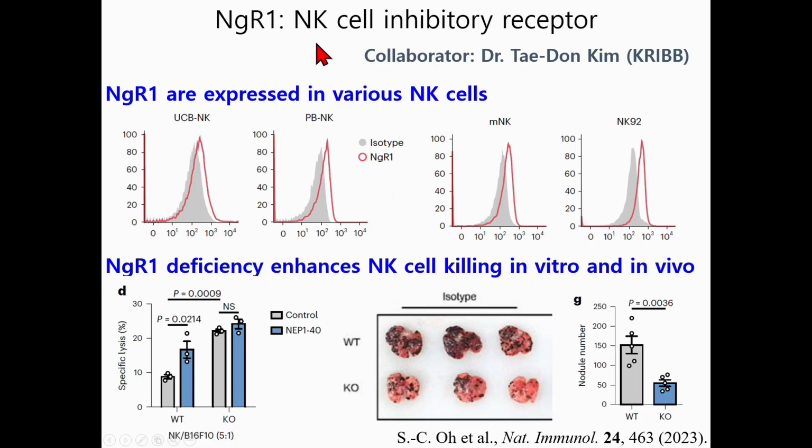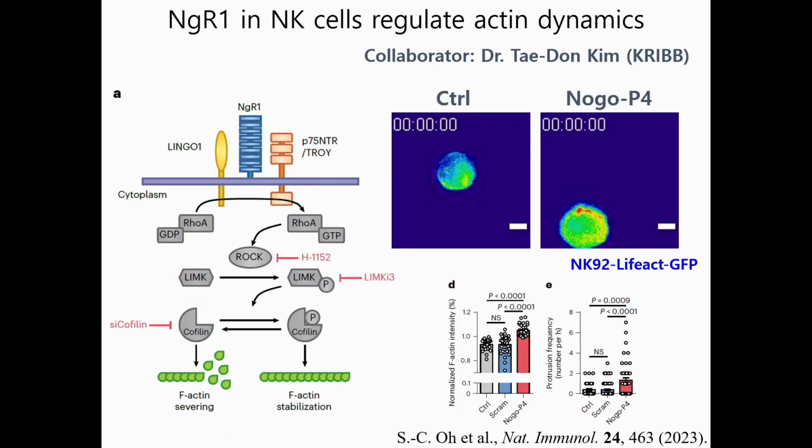That indicates that NOGO receptor 1 works as an NK inhibitory receptor. Afterward, he asked me to further characterize the dynamics. So we collaborated, and the signaling pathway was actually not that different from what people know from the neurological system. It works through RhoA, ROCK, and LIM kinase, and then phosphorylation of cofilin to regulate actin dynamics.